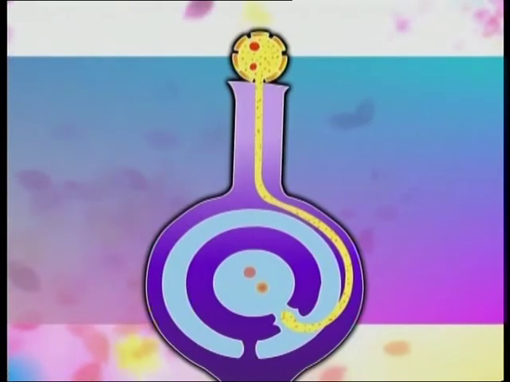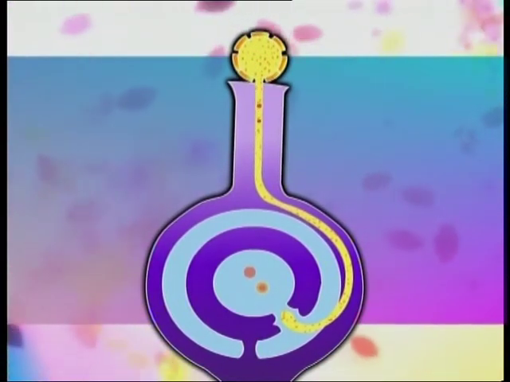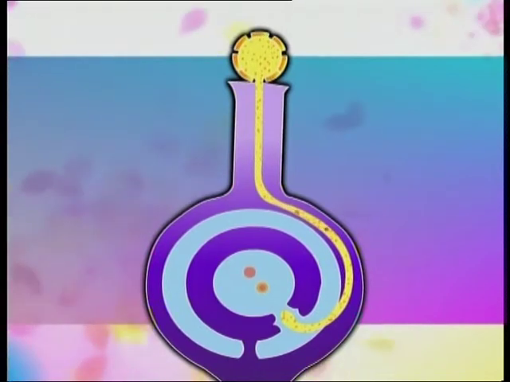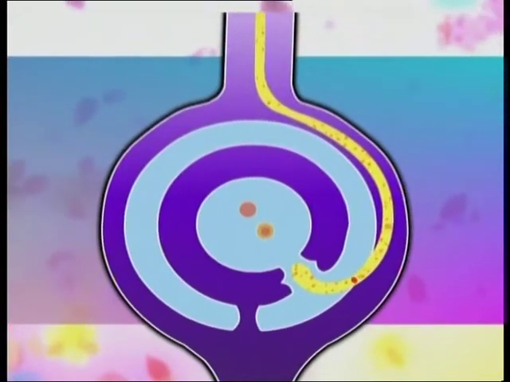Well, it's like this. When an insect flies onto a flower to find nectar, it carries pollen grains from one flower to another. The pollen grain falls onto the stigma, travels down the style until it reaches the ovules in the ovary.